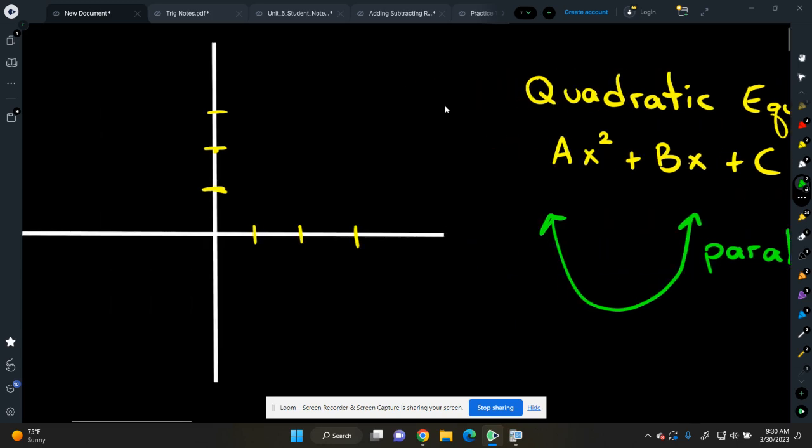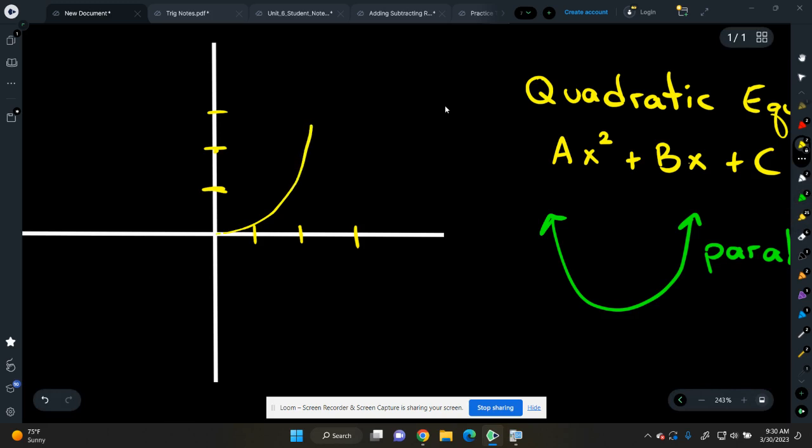So it's a parabola. Okay. Now, let's talk about the parabolas have special properties. Let's talk about parabola. Okay, so it has some properties. Just like a straight line, it's going to continue to go in both directions.